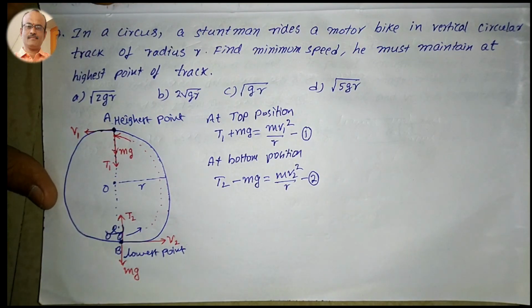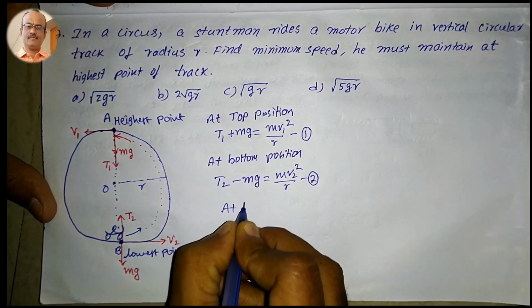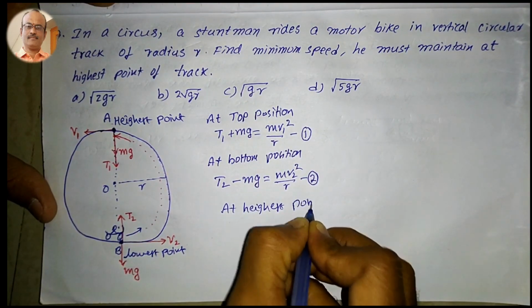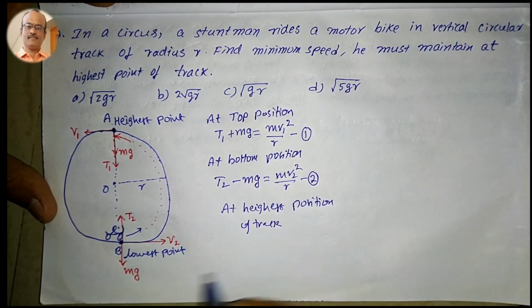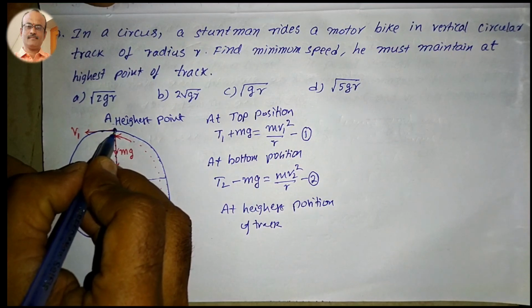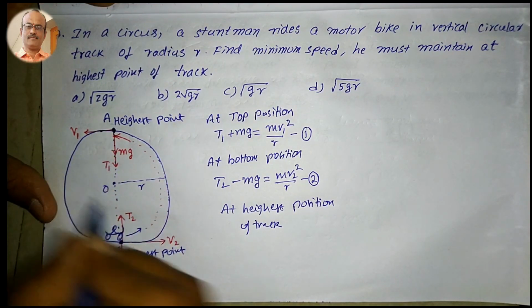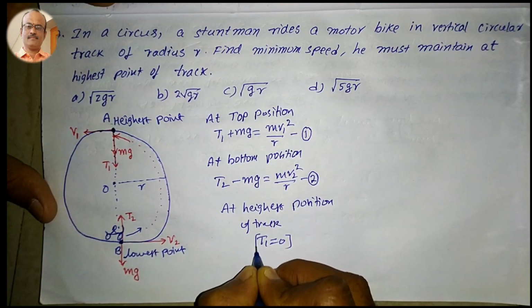Then what happens in this particular case? At the highest position of the track, only weight acts, and the tension becomes 0. So T1 is equal to 0.